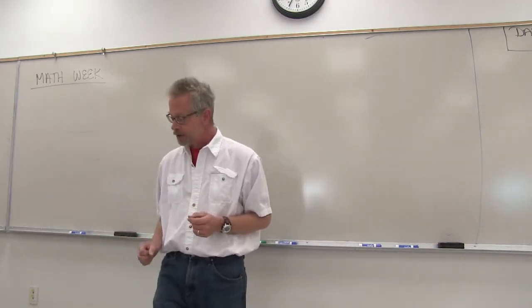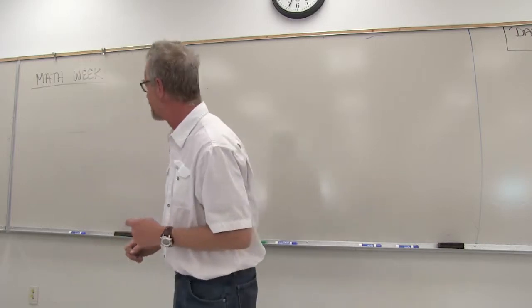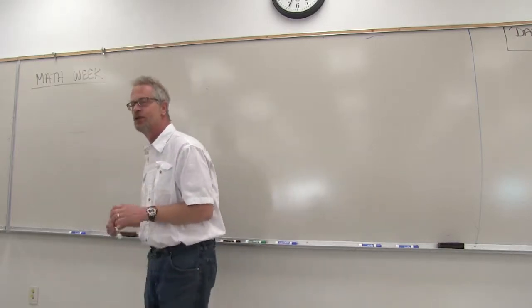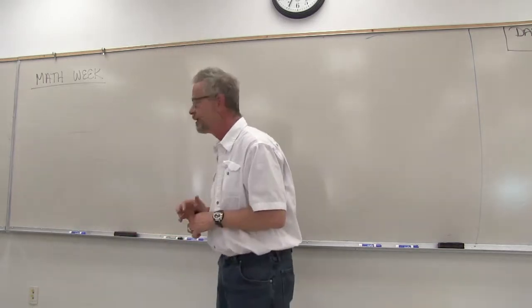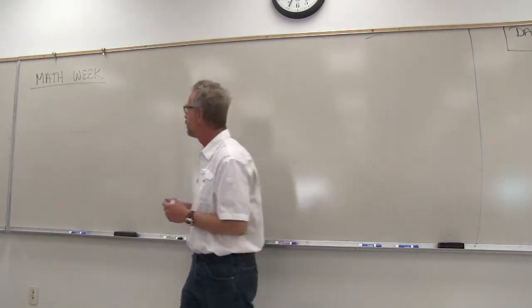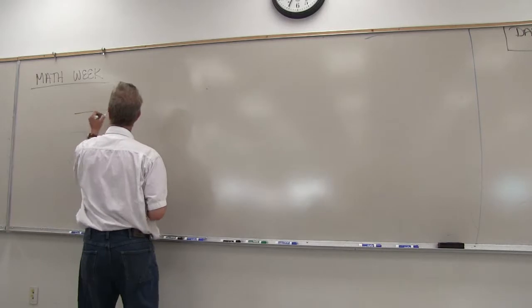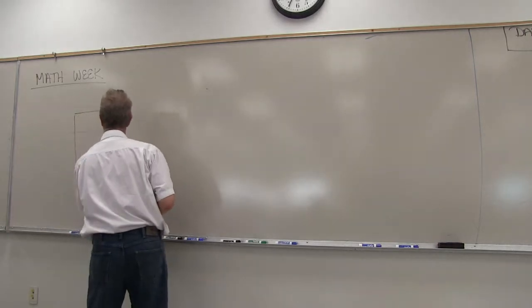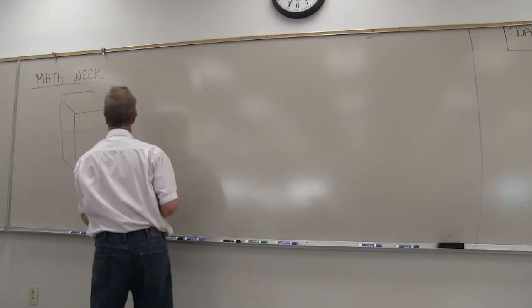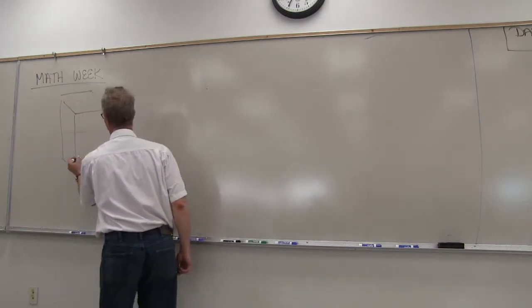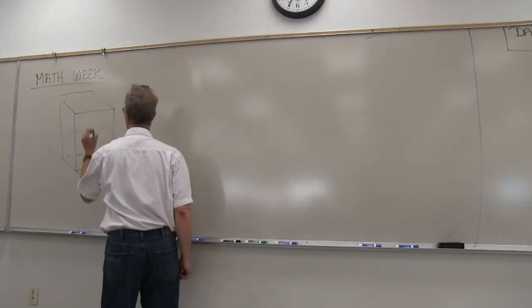Okay? So with that in mind, we're going to talk a little bit about space, which some refer to as the final frontier. For us, it's going to be the initial frontier. So if we talk about a cube of space, like so, I'm no artist, we already know that.